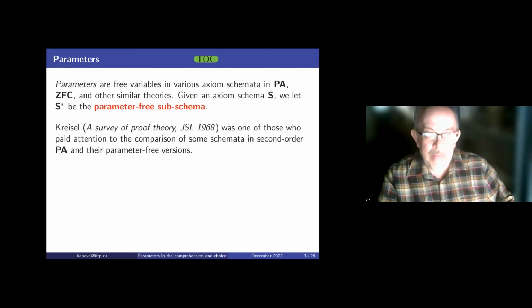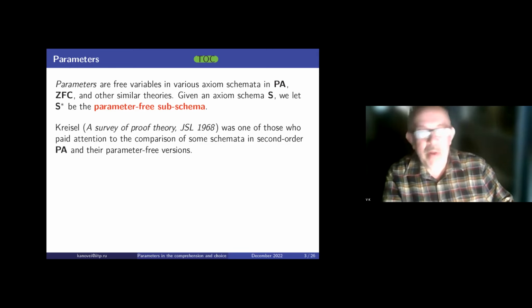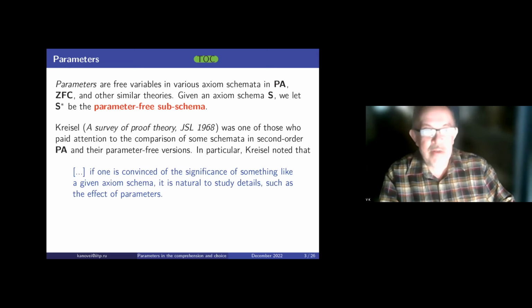This begins with Kreisel, who was one of the first students of subsystems of Peano arithmetic. And he was probably the first who paid attention to the role of parameters. So this is just a citation from one of his papers.